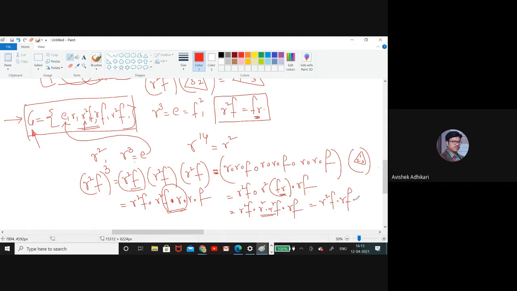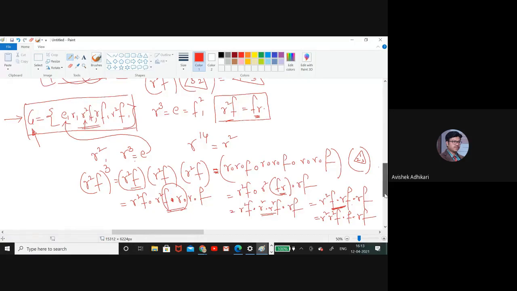RF composition RF. Okay. Now in that way you can reduce the whole thing, and ultimately here you have FR. So now you can replace this FR by R square F, since FR means R square F. So R square F into then again F composition RF.